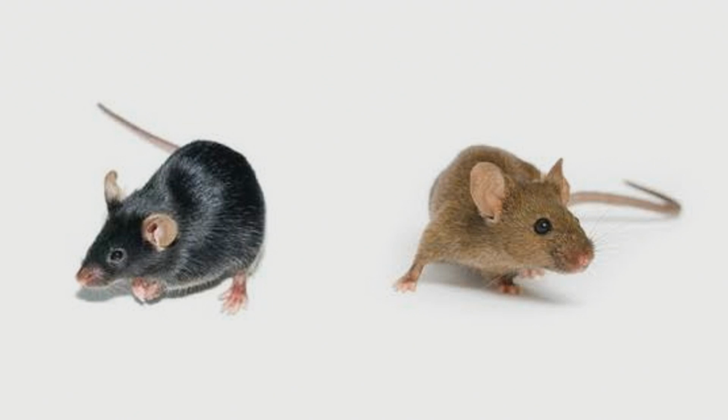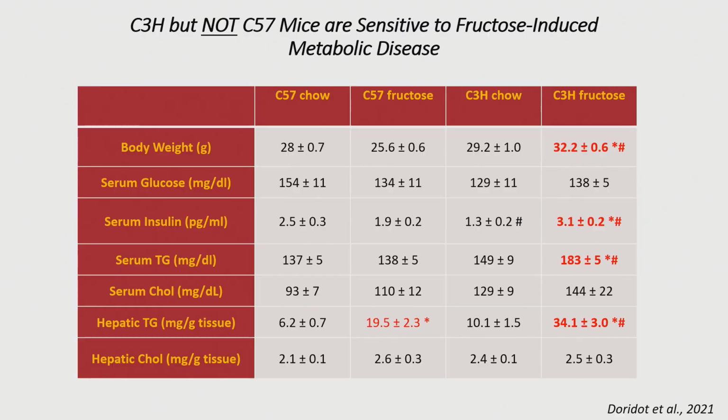And that's in part because it was the first mouse sequenced and the first mouse where genetic mouse models were generated. So most of the lox-stop-lox alleles and the Cre alleles are generated on the C57 background. But the mouse on the right is a C3H/HeJ mouse. And we noticed accidentally early on in some studies that the C3H mice seem to be very sensitive to fructose-induced disease, whereas the C57 mice are largely resistant.